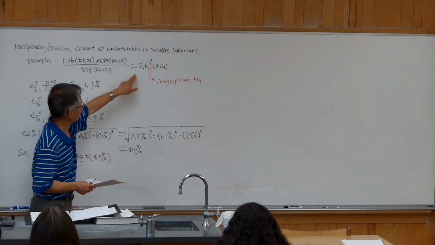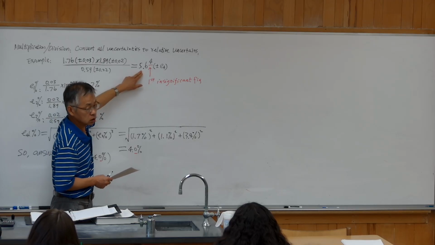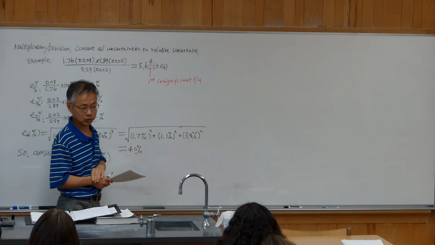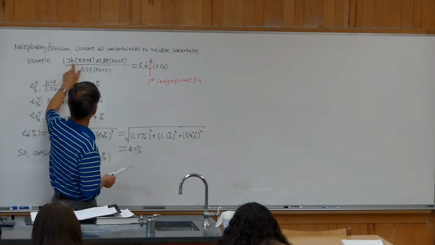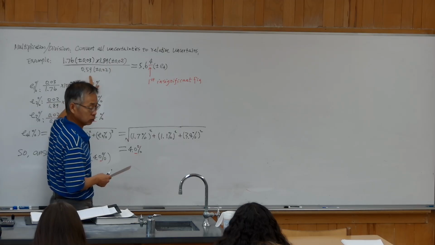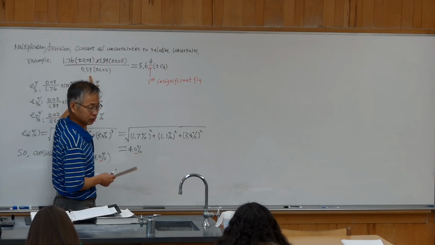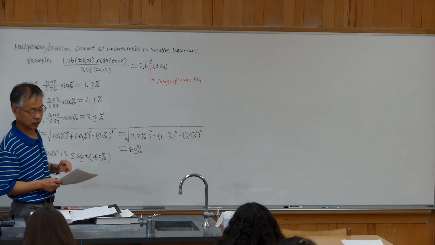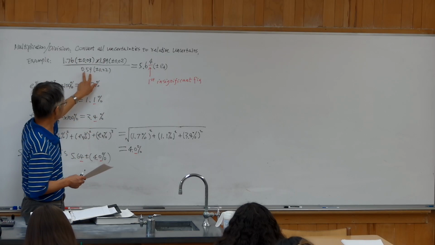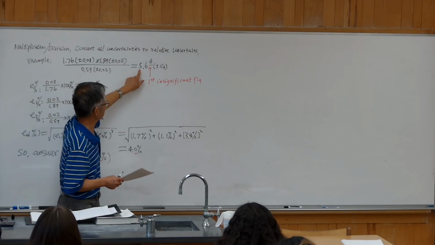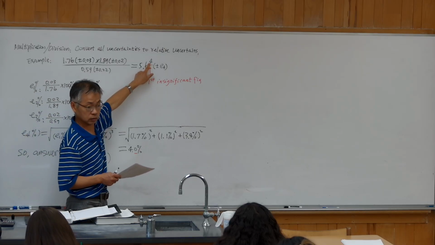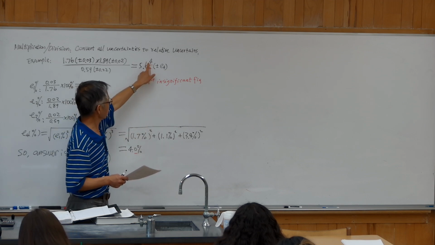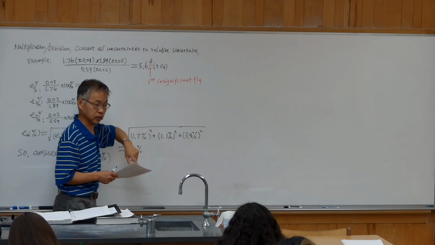So here we need to think about significant figures, not the decimal places. This is three, this is three, this is two. The answer can only have two. The answer cannot have more significant figures than any of the original numbers. Since this has only two, the answer only has two. 1, 2. So this one is not significant. This is the first insignificant digit, right? Since this is 4, less than 5, we just delete it.